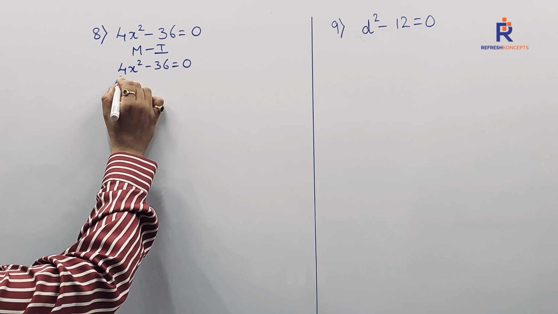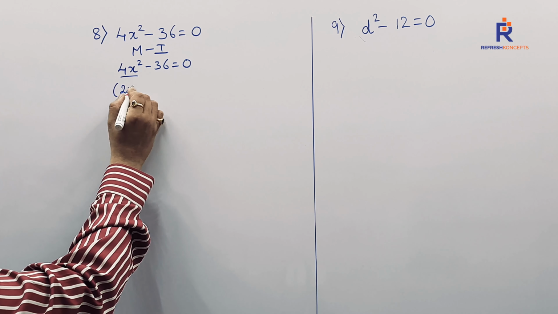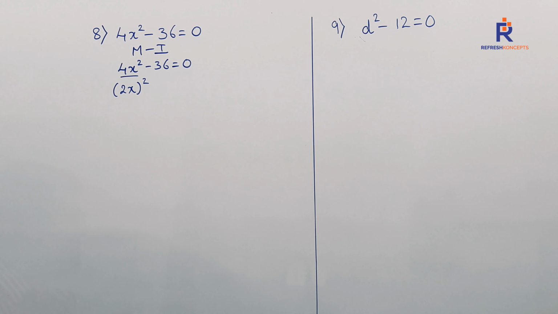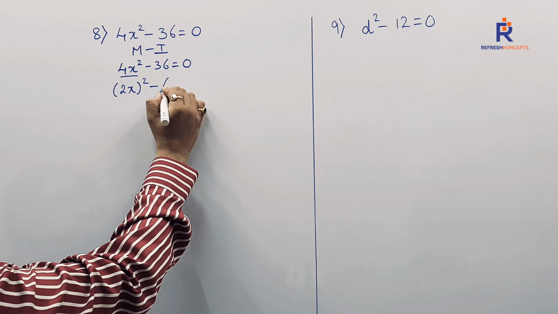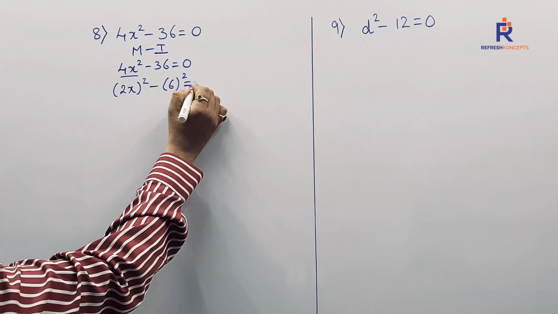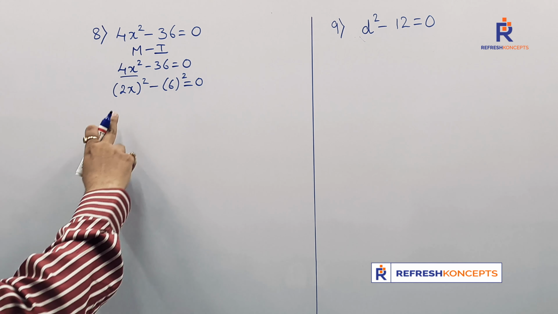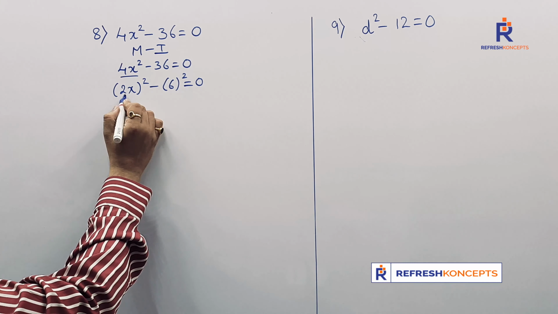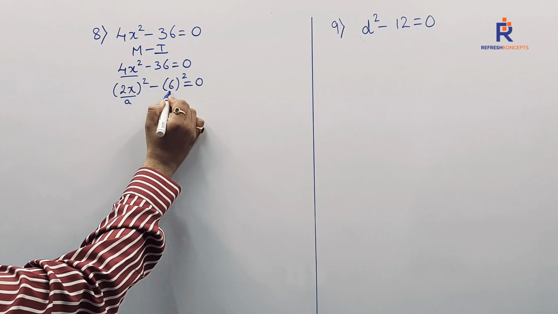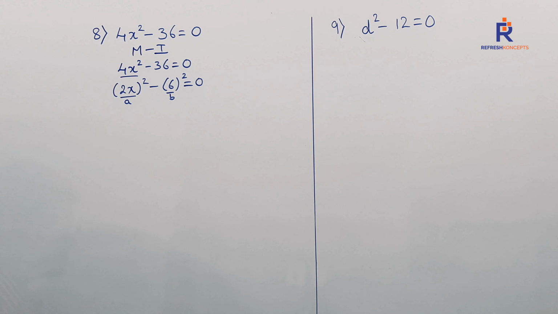So can I say 4x square is nothing but 2x the whole square? Can I say 36 is nothing but 6 the whole square, equals 0? Indeed. Now have we converted this into a square minus b square, where this shall be my a, this shall be my b?